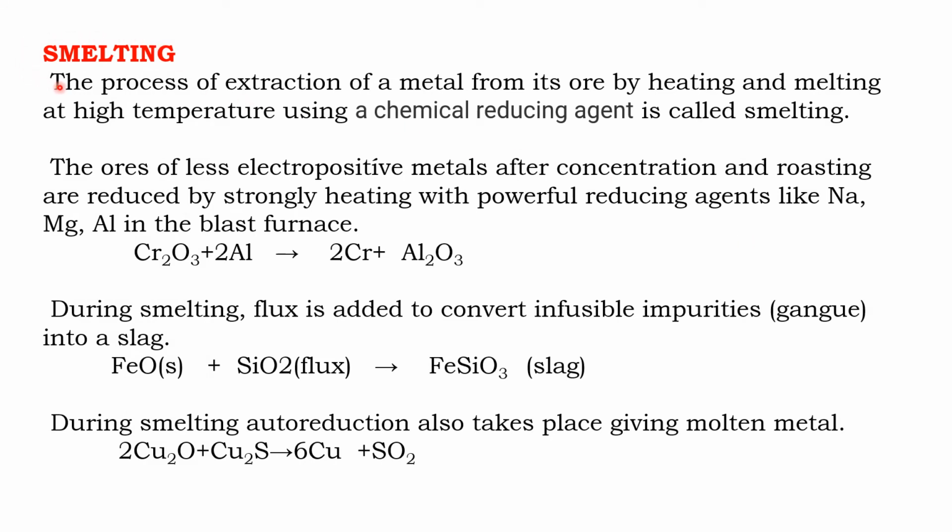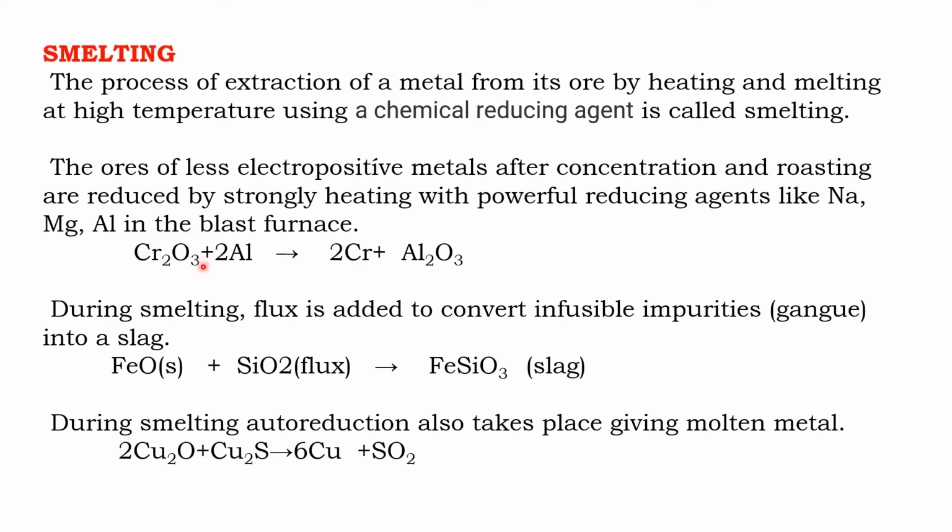Another pyrometallurgical process is smelting. In this process, we use high temperature. Along with high temperature and the ore material, we add certain chemical reducing agents. So we have the ore material here, chromium oxide.